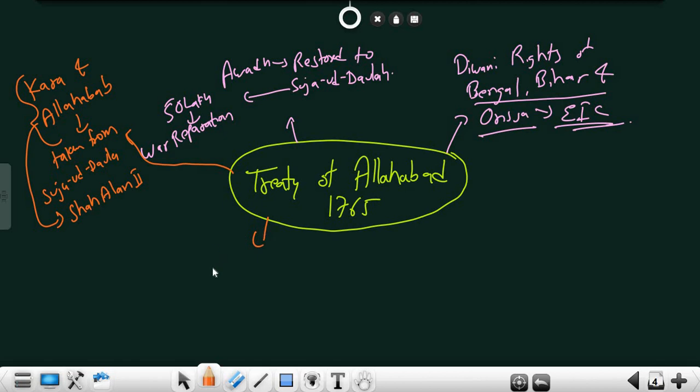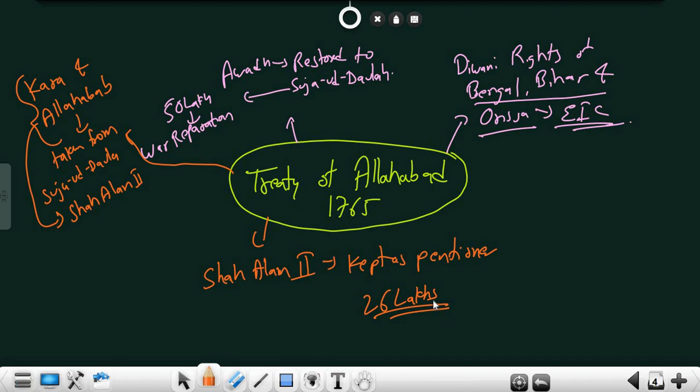And Shah Alam II, who was the Mughal emperor, had been kept as pensioner of the sum of 26 lakhs. So these were the outcome of the Treaty of Allahabad. Britishers were also allowed to perform free trade across the Awadh.